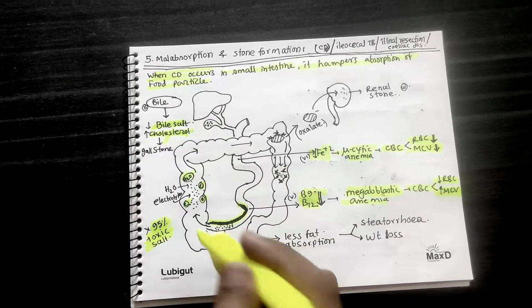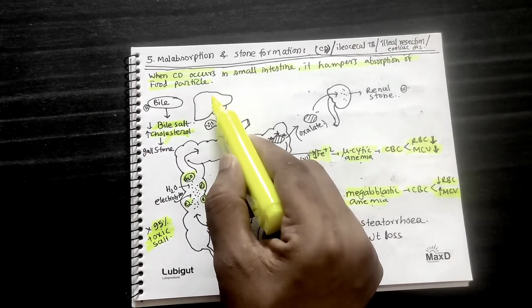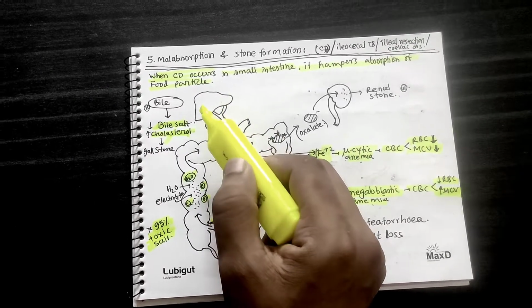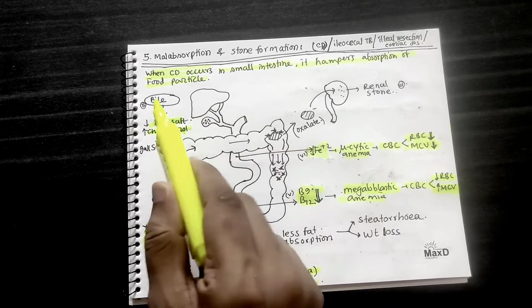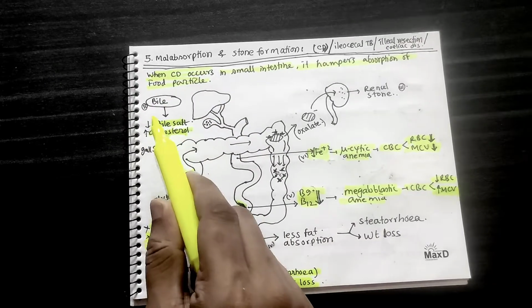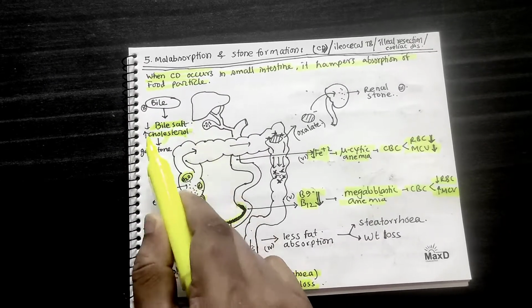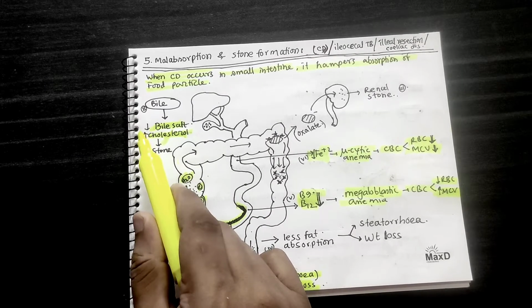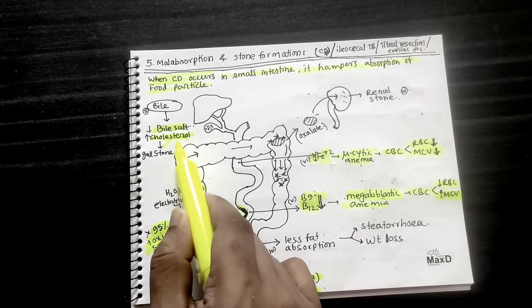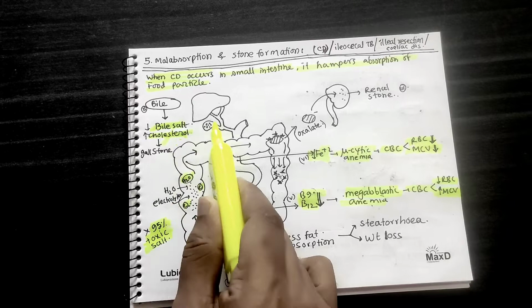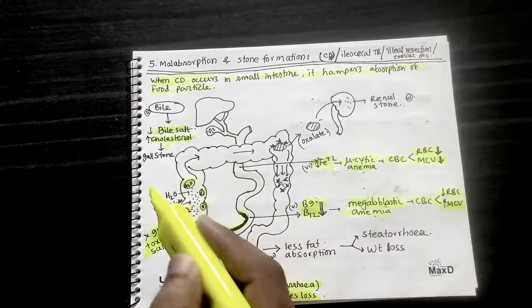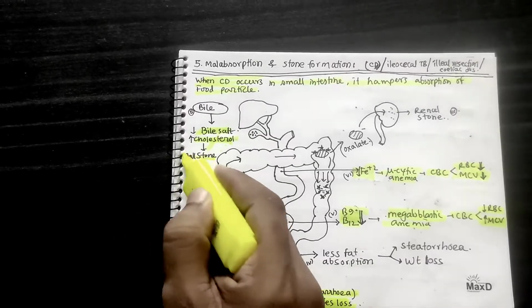Now if bile salt absorption is reduced, in the bile there is less bile salt. So when there is less bile salt, the cholesterol level becomes relatively high, and it may lead to the formation of cholesterol stone in the gallbladder. So it causes gallstone.